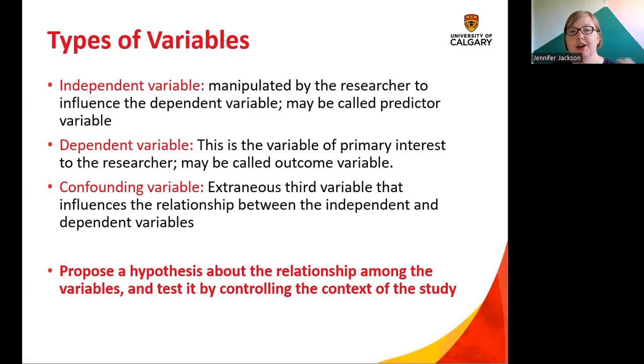So we talk about independent and dependent variables because if you're creating a quantitative hypothesis, you almost always want to show a direction in your hypothesis. So I say that the flipped classroom approach results in higher student grades. That makes sense.